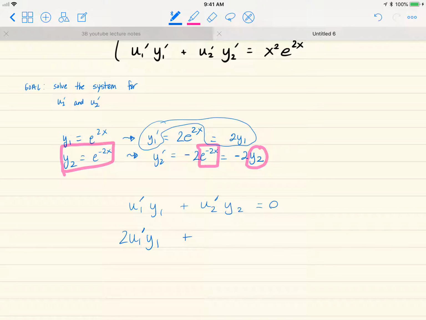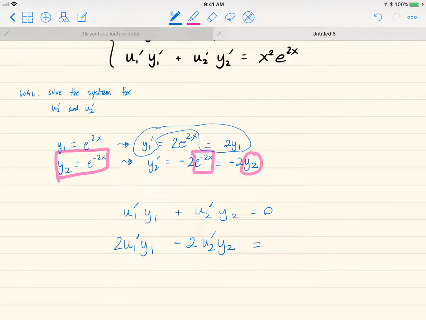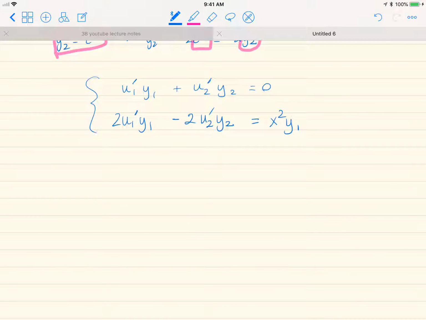So 2y1 plus u2 prime, and y2 prime is negative 2y2, is equal to x squared e to the 2x, which we can write as x squared y1. Okay, so this is our system.